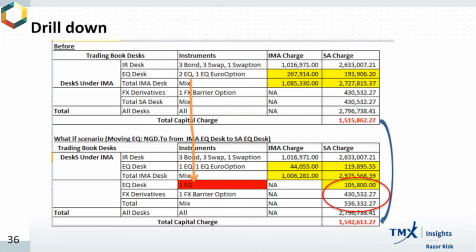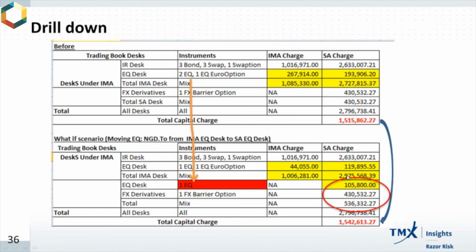While in the SA desk, since originally it only had FX positions, adding an equity position has no diversification effect at all, and the total charge simply adds up. So generally speaking, SA still recognizes diversification effect.